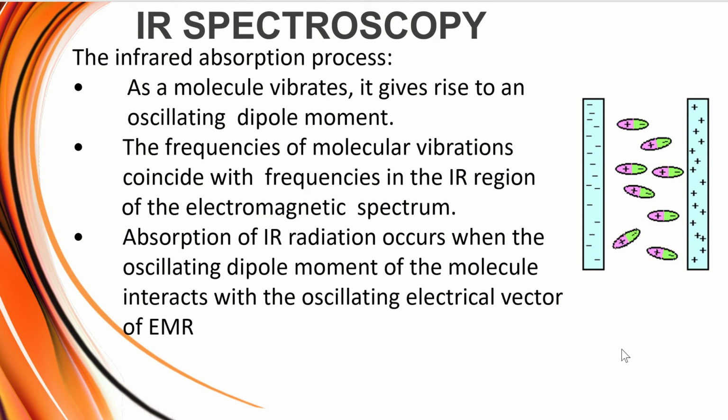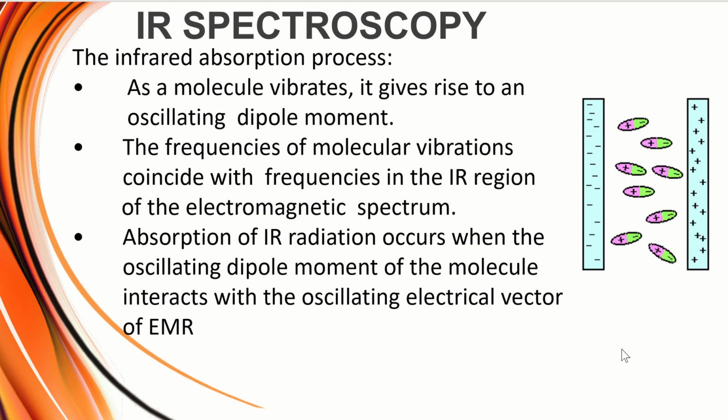So the frequencies of molecular vibrations coincide with frequencies in the IR region of the electromagnetic spectrum. And so absorption of IR radiation occurs when the oscillating dipole moment of the molecule interacts with the oscillating electrical vector of the EMR, right?